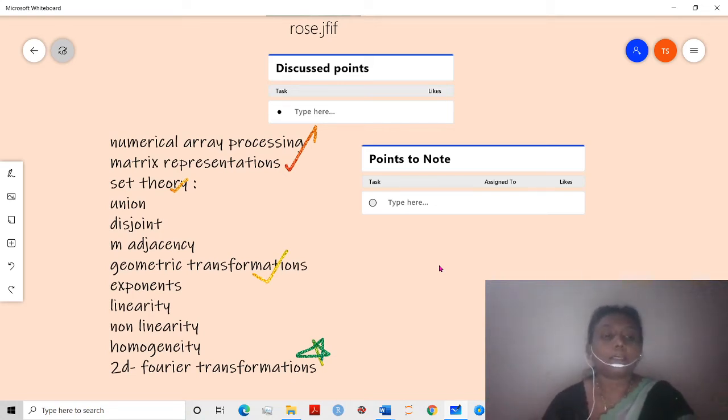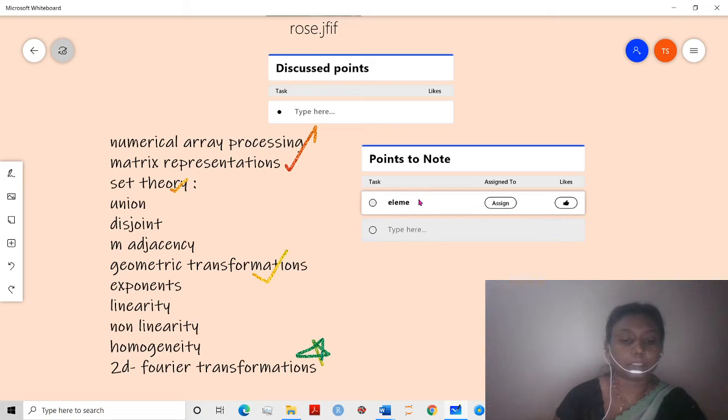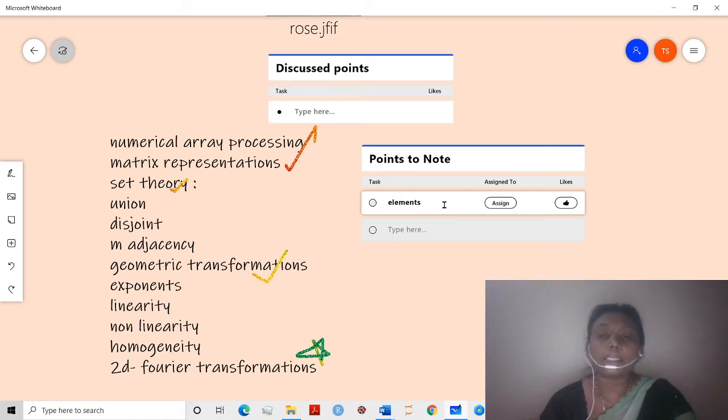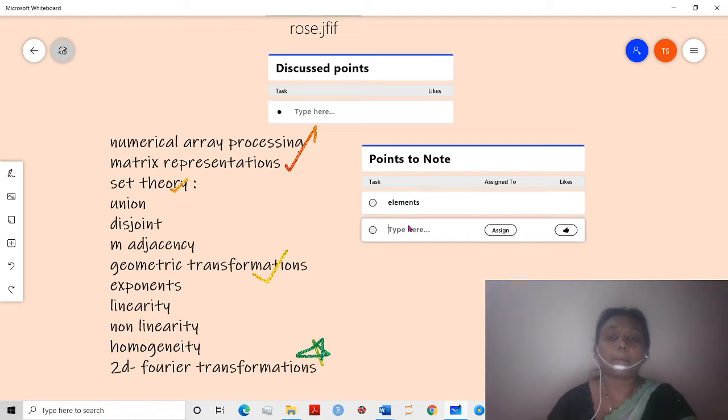Okay, then the field of digital image processing refers to processing a digital image by means of a digital computer, and the digital image is composed of a finite number of elements. Each element has a particular value and location.